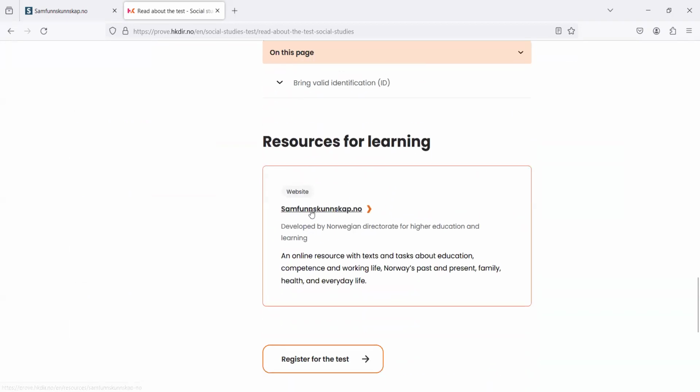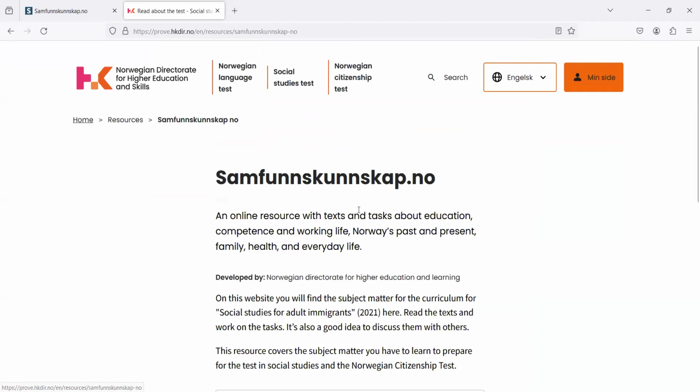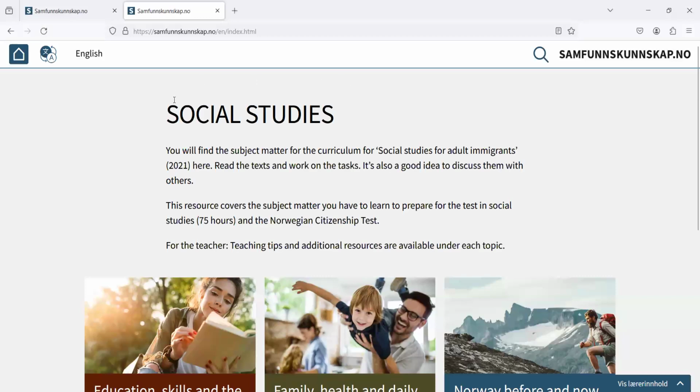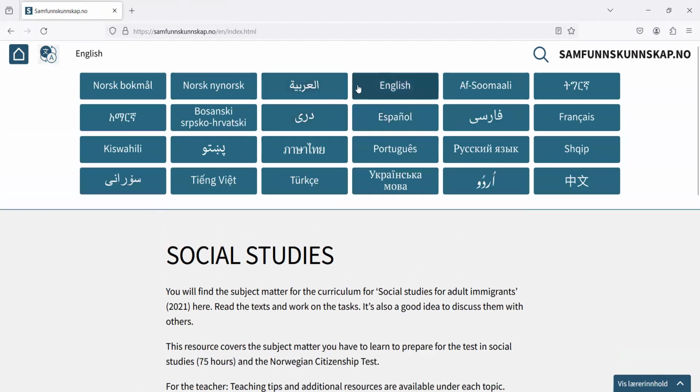Resources for learning. This one is the most important and updated website from where you can find information. If you click here, this one I already opened, but I will just close that. Sometimes that page will be in Norwegian, so you can change the language.